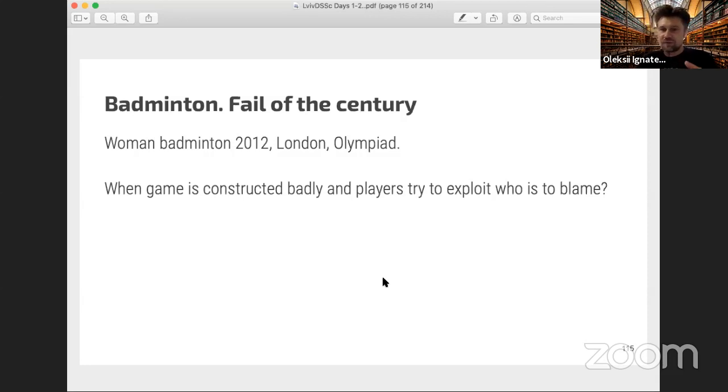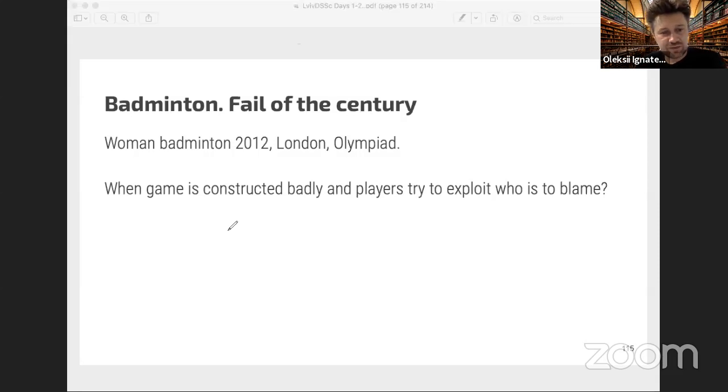So they put the last game in each group one after another. And the problem is that the situation in the groups was very strange. So we have like 2 teams.